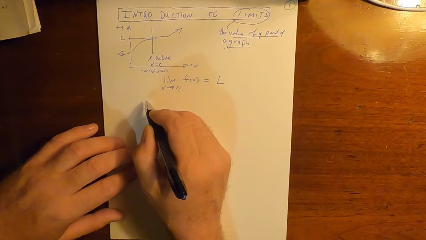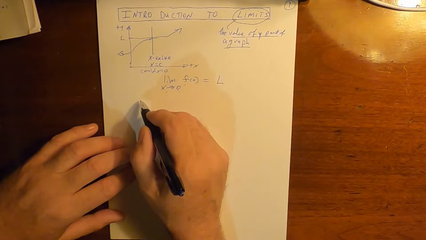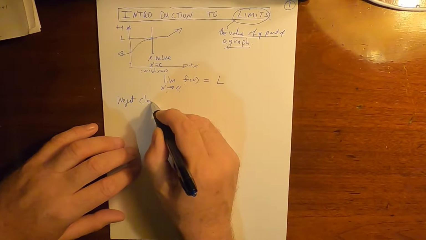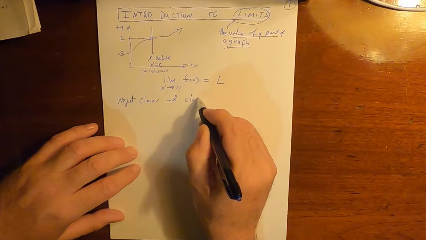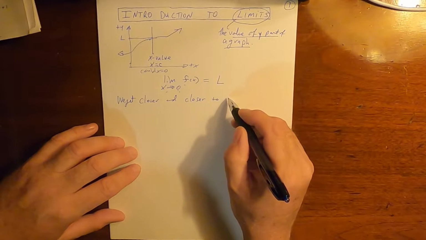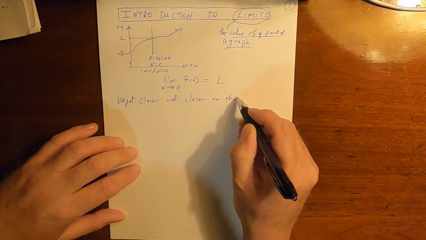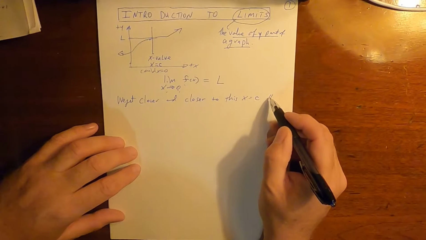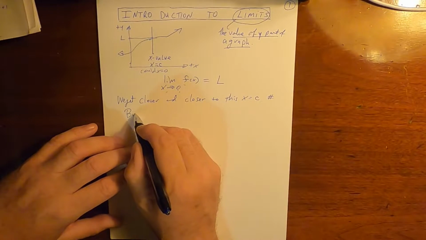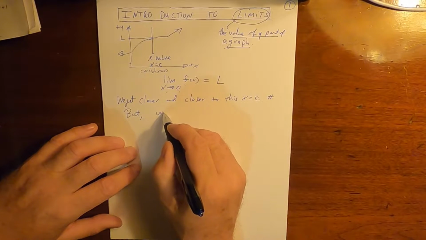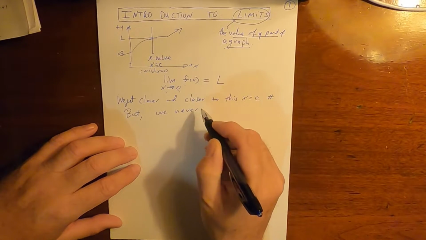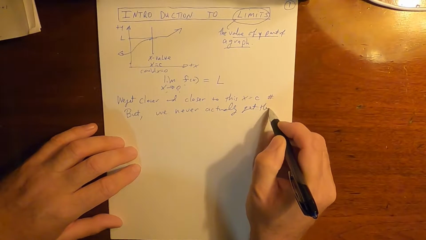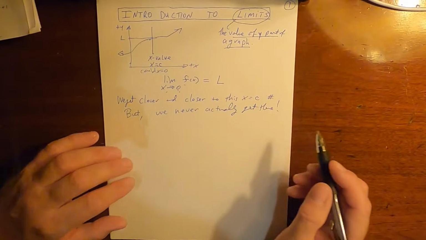So I would like to just state that we get closer and closer to this x equals c number, but we never actually get there. Okay, so interesting.